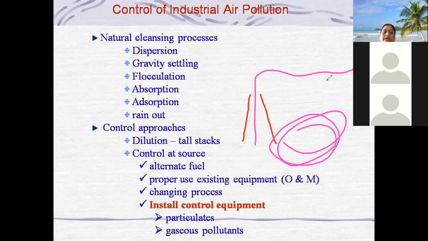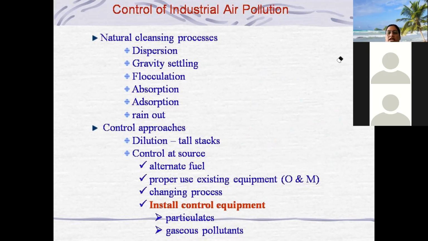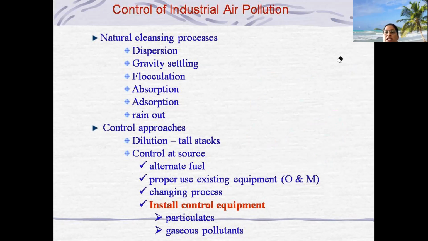And if dispersion is better, then the pollutants are dispersed into many different areas, which reduces the concentration of that particular pollutant in the residing area, and the impact will not be observed by the people living near that industry. So dispersion is an important parameter for the natural control of air pollution. Air blowing naturally comes under dispersion, which is a natural cleansing process.